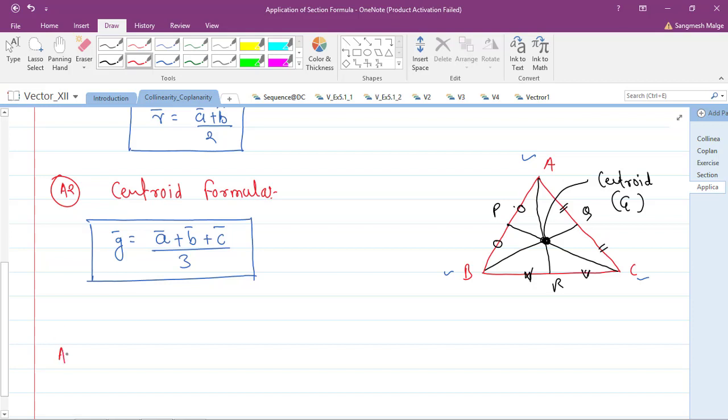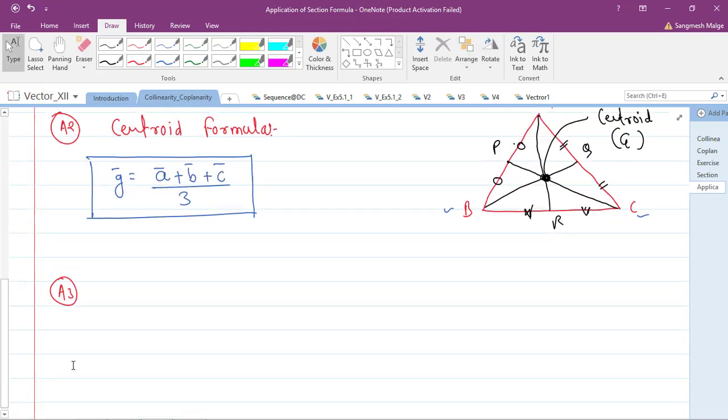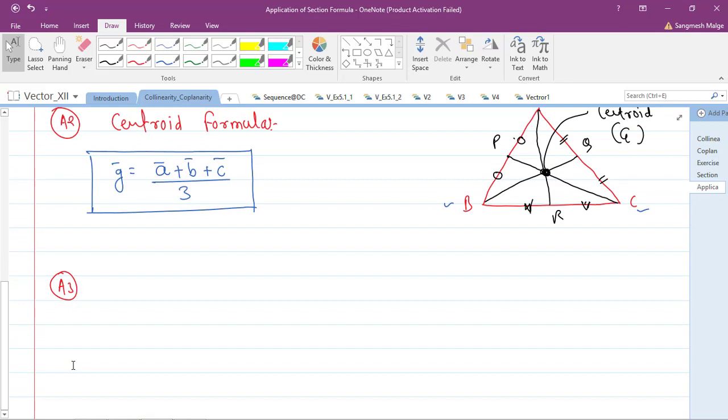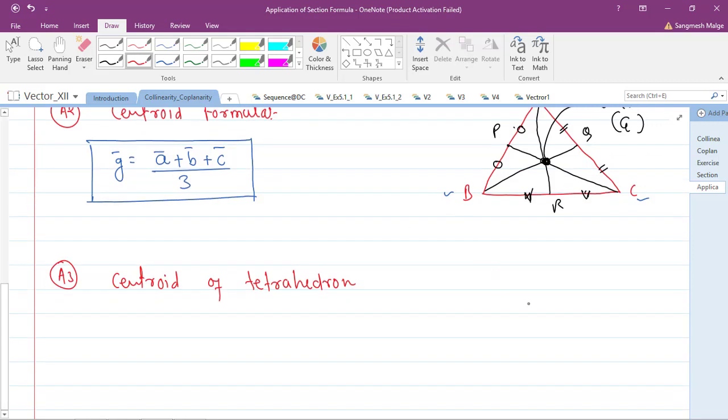What is application number 3? We have the centroid of the tetrahedron. So what is a tetrahedron? Tetra means 4, so it is a figure having 4 faces. Let me draw the figure.